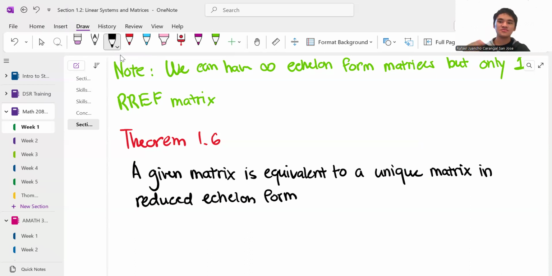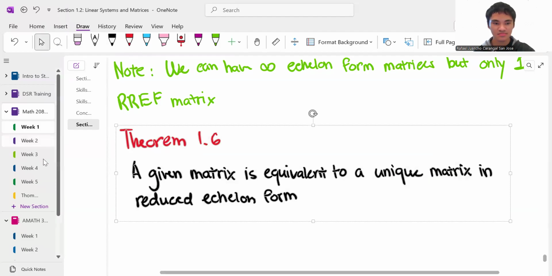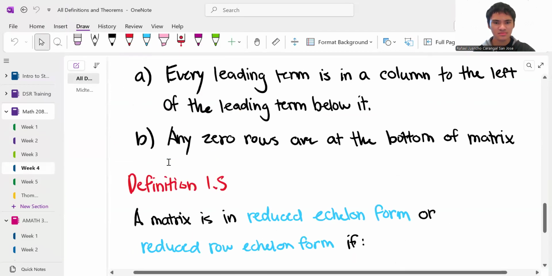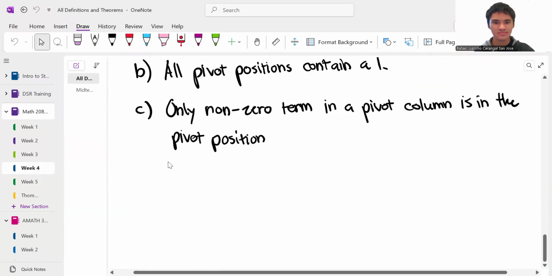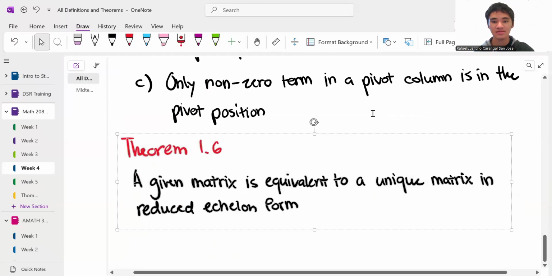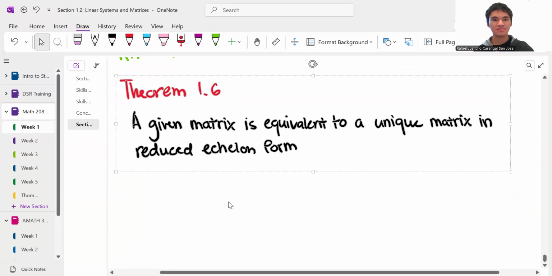If we have a matrix, we do Gauss-Jordan, we get it to a reduced echelon form matrix. It's the same thing as the original matrix. That's basically what this theorem is saying. I actually relate both theorems here. We have a lot to look at here. Let's keep going.